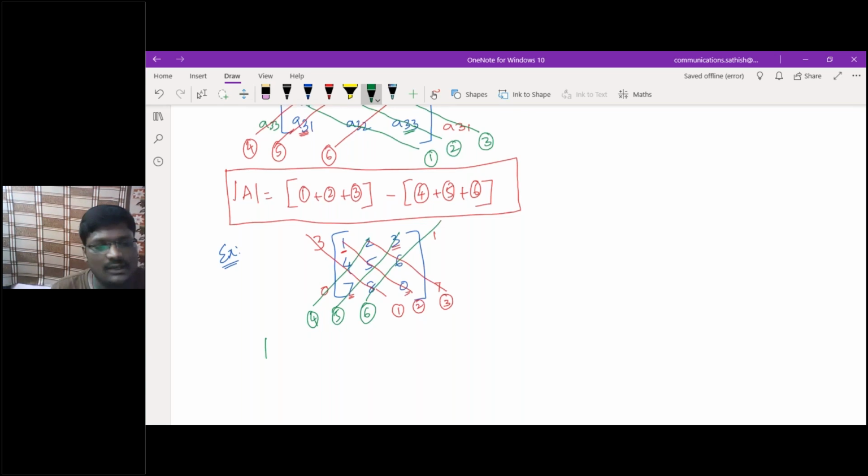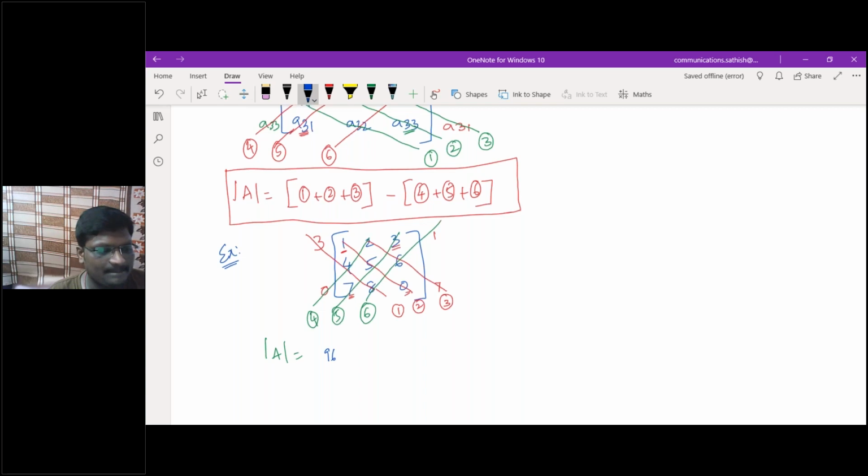Right. So now what is my determinant? Determinant of A is equal to what? Give me the answer for this. First 1, 2, 3: 1 times 3 is 3, 3 times 4 is 12, 12 times 8 how much? Yes, 96, sir. This will be 96.